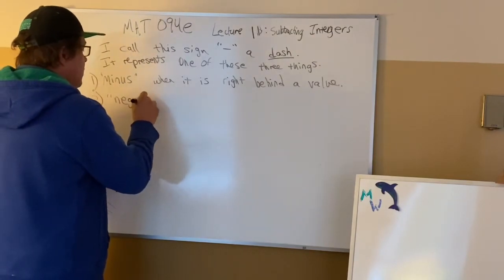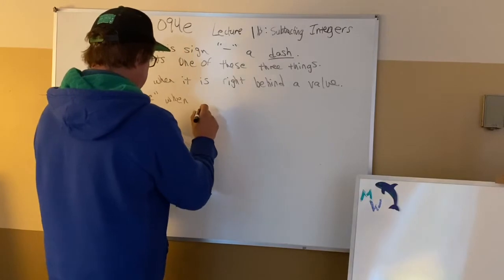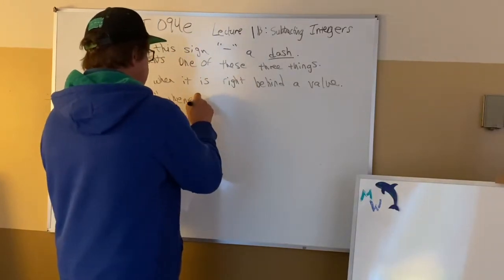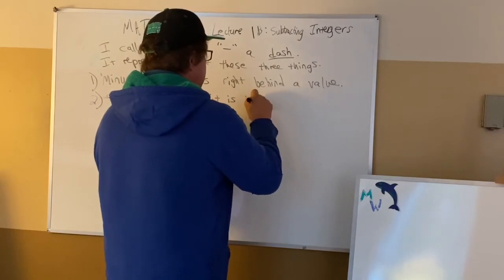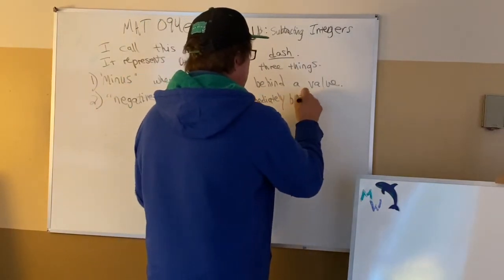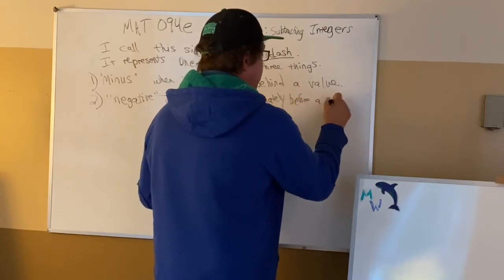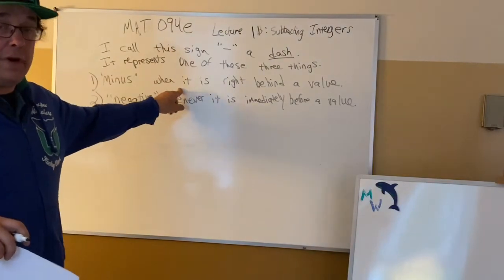The second thing that we came up with. Whenever it is immediately before a value. Now, if you catch it because it's right behind a value, call it minus. It's over.